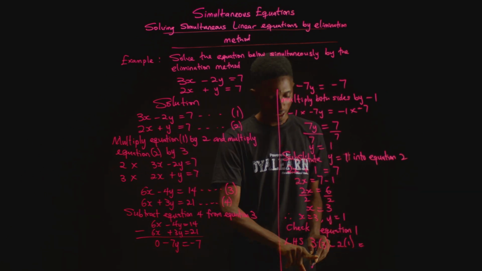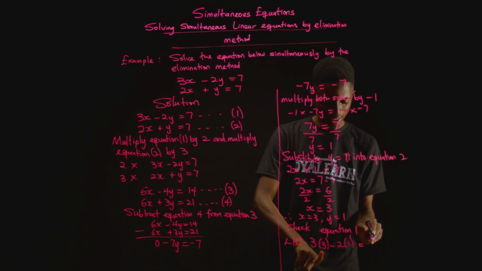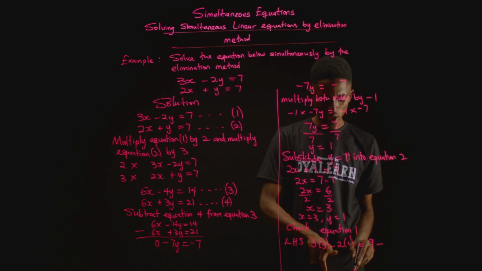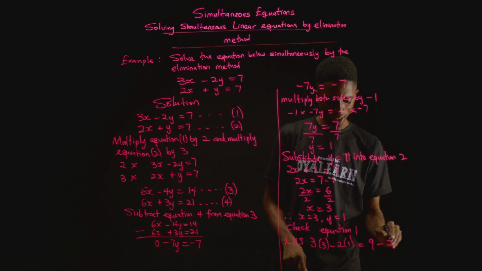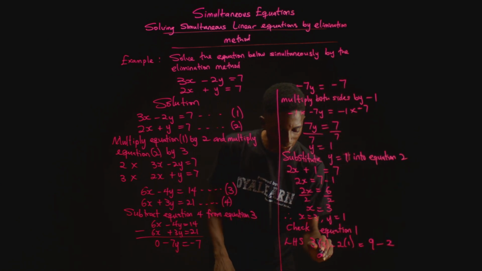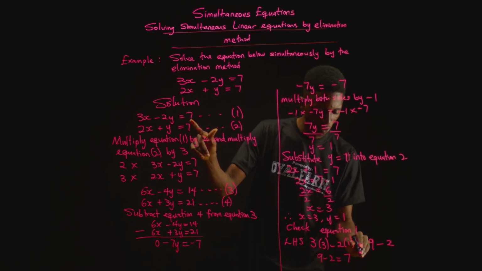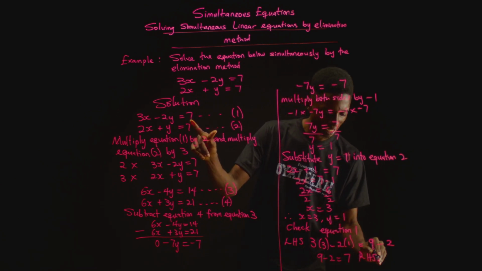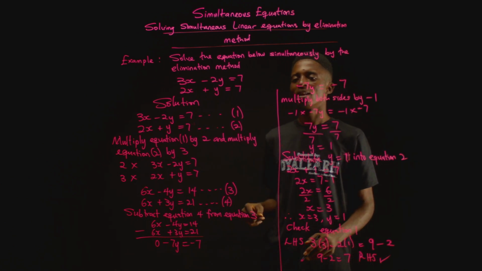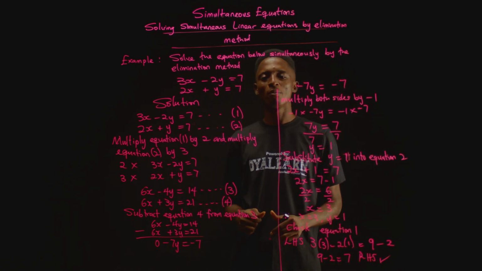This would give us, now 3 times 3, that is 9, minus 2 times 1, that's 2. And we can now say 9 minus 2 equals 7, which is consistent with our right hand side. Hence, it is correct. And that is the solution to the problem. Thank you.